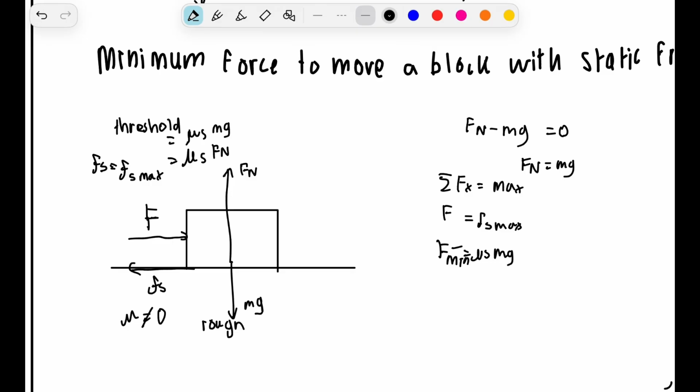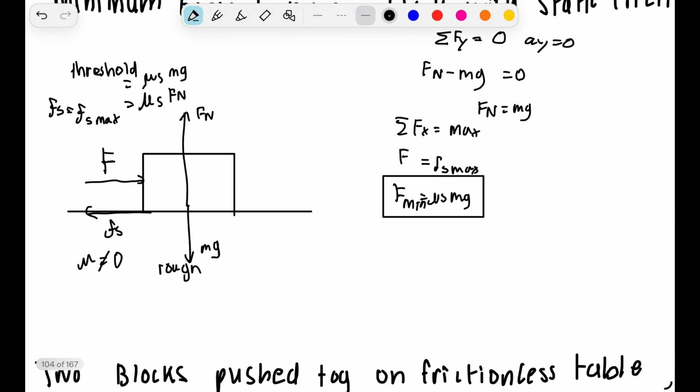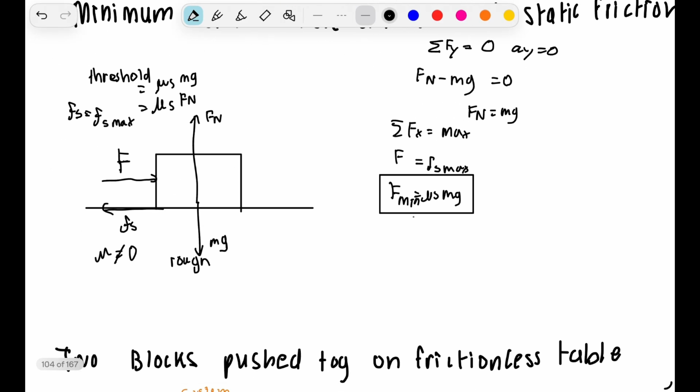Fs max can be represented as mu s times your normal force. Here your normal force is equal to mg because you only have two forces acting in the vertical direction, and also you have no acceleration in the vertical direction as well. So you get that your minimum required force is going to be equal to mu s times mg. So the applied force must beat the maximum possible static friction in order to start moving the block. So this has to be overcome.